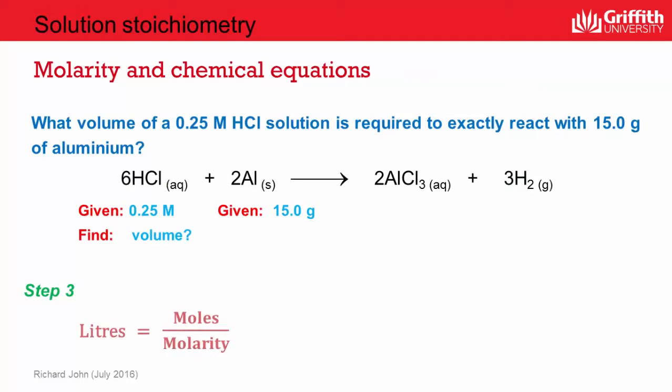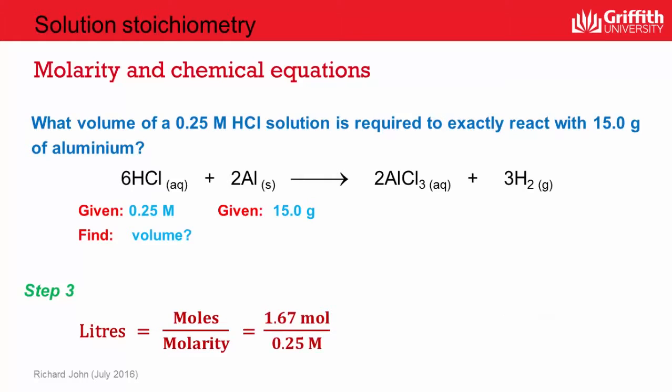Step 3, we now need to find the volume of hydrochloric acid. So we use the rearranged version of the molarity equation, litres equals moles over molarity. Remember the molarity equation, molarity equals moles on litres. I can make litres the subject of that equation by saying that litres equals moles over molarity.